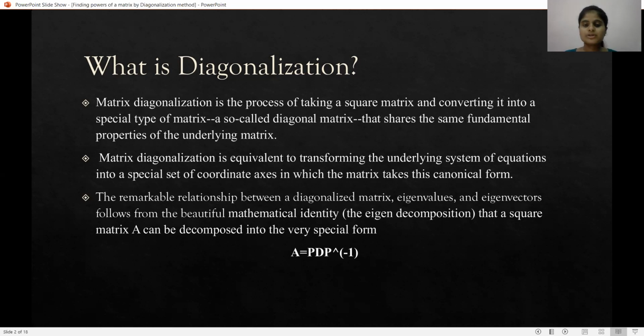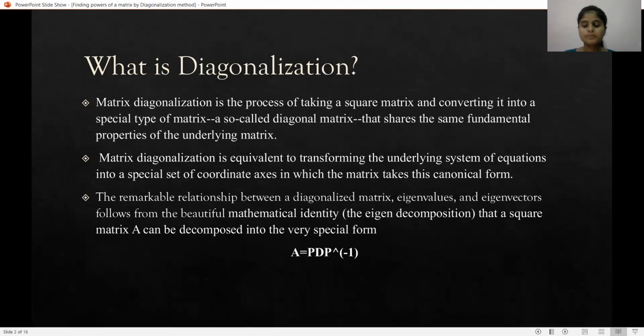The remarkable relationship between a diagonalized matrix, eigenvalues, and eigenvectors follows from the beautiful mathematical identity, the eigendecomposition, that a square matrix A can be decomposed into a very special form.